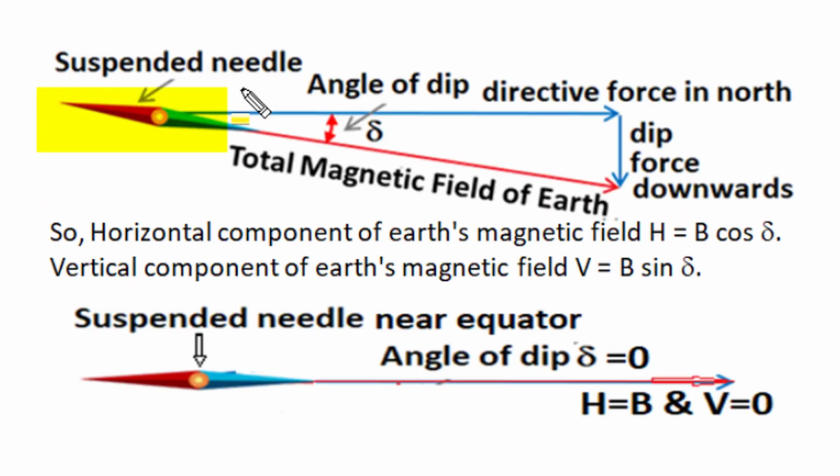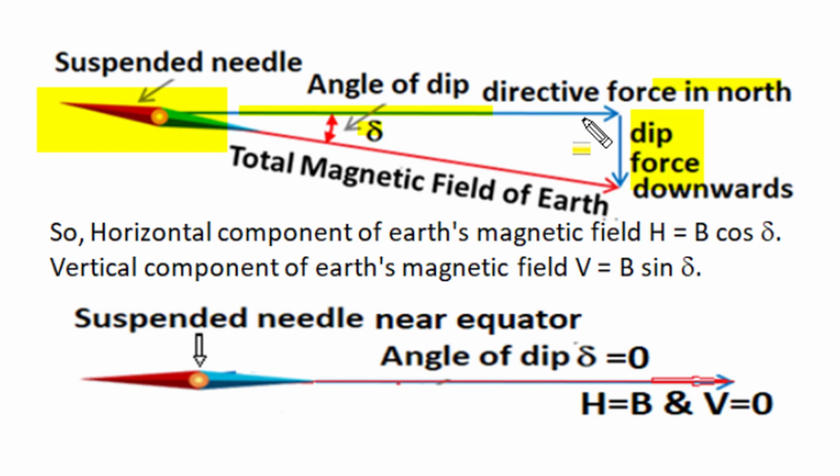If a needle is free to move in a horizontal plane, then its axis will align along the magnetic meridian, and in the magnetic meridian, if it can freely swing in the vertical plane, then it will also have an angle of dip with the horizontal line. It means this needle has two driving forces of terrestrial magnetism: one of the magnetic pole situated in the north direction, and second a downward dip force.